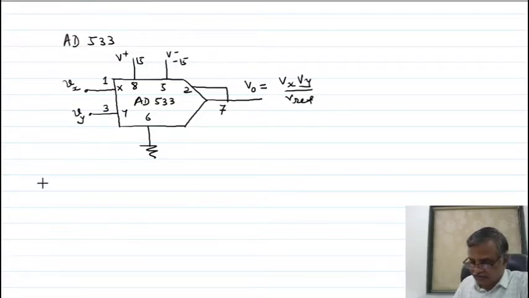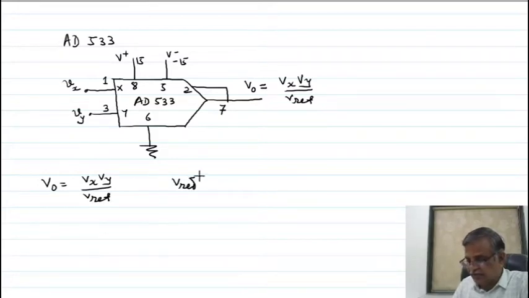Remember one thing, generally V reference is kept less than 10 volt. Vx and Vy are always kept less than V reference.